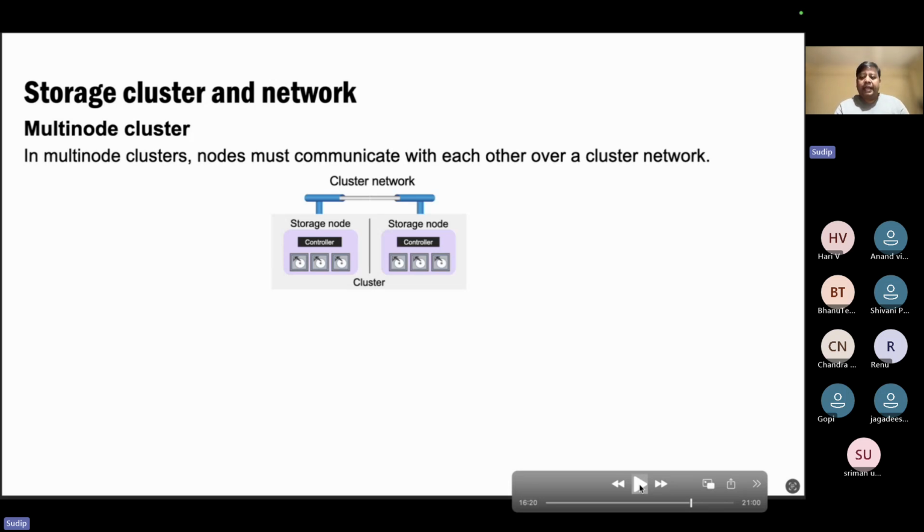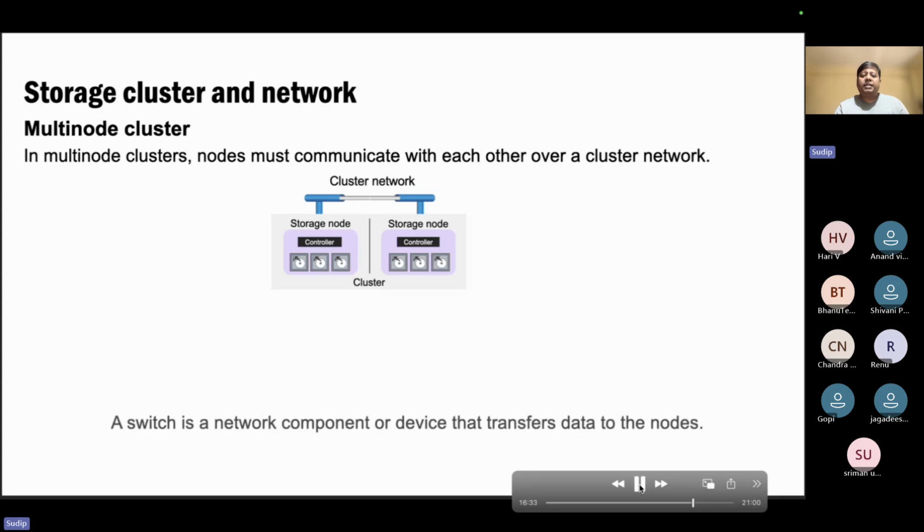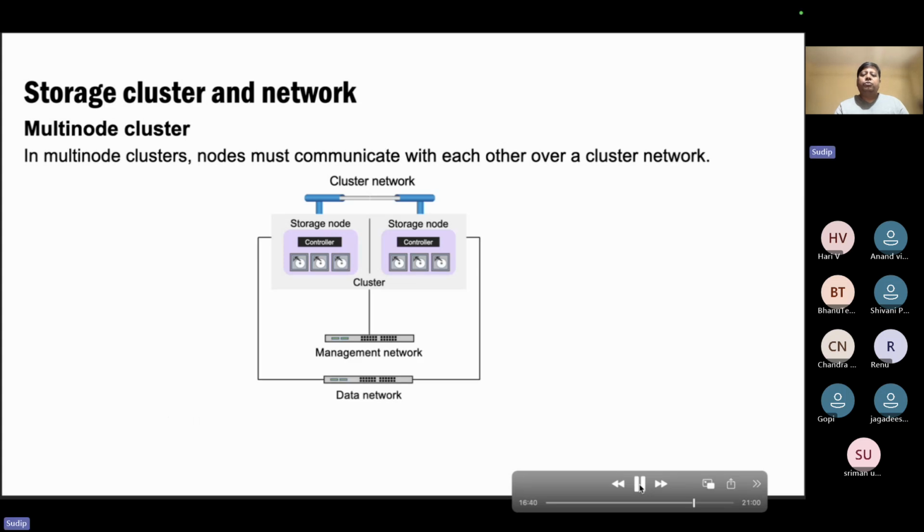Hence came the concept of multi-node or multi-cluster storage systems, where in a given storage architecture, it's not just two controllers anymore. You can see multiple pairs of storage controllers: 2, 4, 6, 8, 16, and so on.